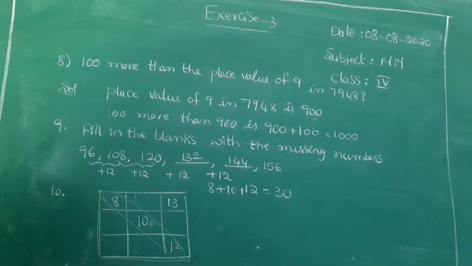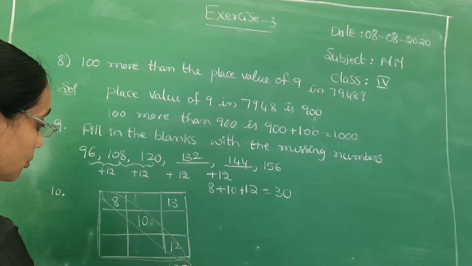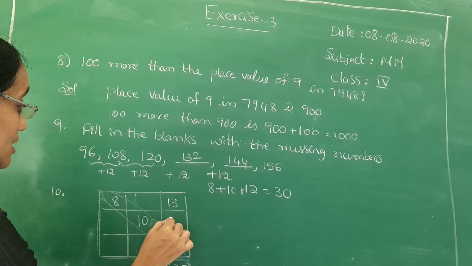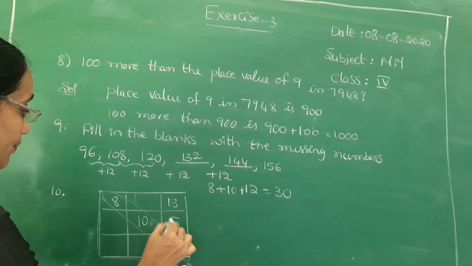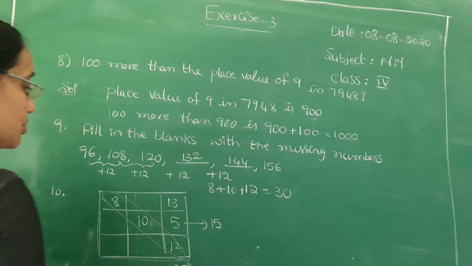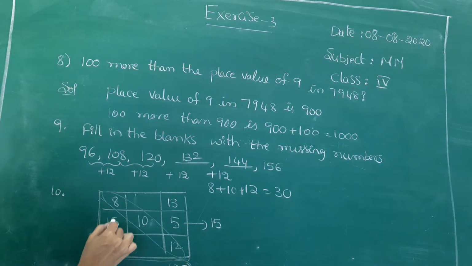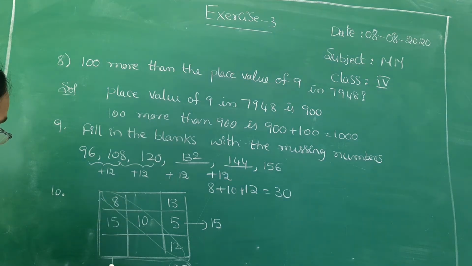Okay. One by one you are going to fill here. 12 plus 13, 25. So how much to add to become 35? See this one, 10 plus 5, 15. How much should you add to 15 to make it 30? 15. See this is 8 plus 15, 23.